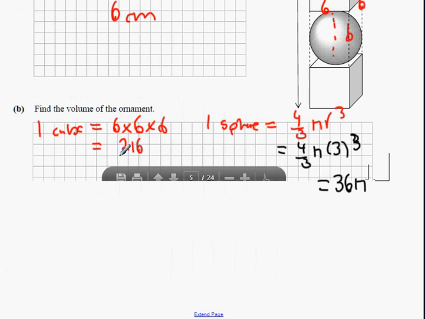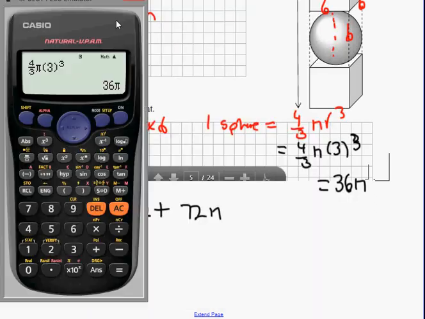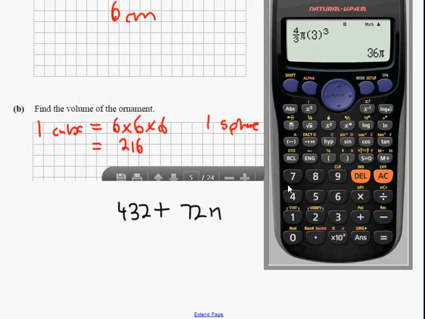Yeah. 2 cubes gives us 432. How much does 2 spheres give us? 72 pi. So we're going to get our 432 and add on 72 pi. And what we get is 658.19.